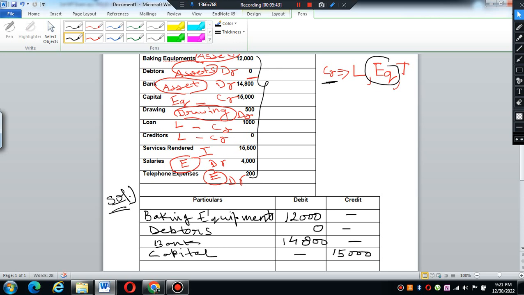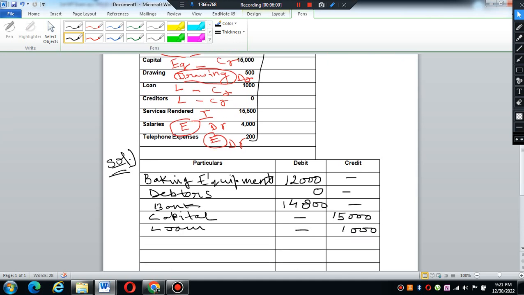After capital there is a loan, so you will write loan, the amount is 1000, and on the credit side. Then creditors is credit, and the creditors amount is 0. Then services rendered, you can write just services.